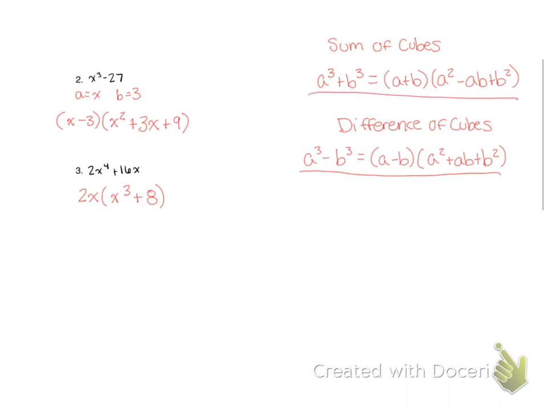Well, x cubed is a perfect cube of what? x. 8 is a perfect cube of what? 2. So I'm going to leave this 2x out front here. Then I'm going to use my formula, a plus b. So I'm going to have x plus 2, a squared, so x squared, plus 2x, and then your b squared, that's where you get the 4. Okay, that is completely factored.